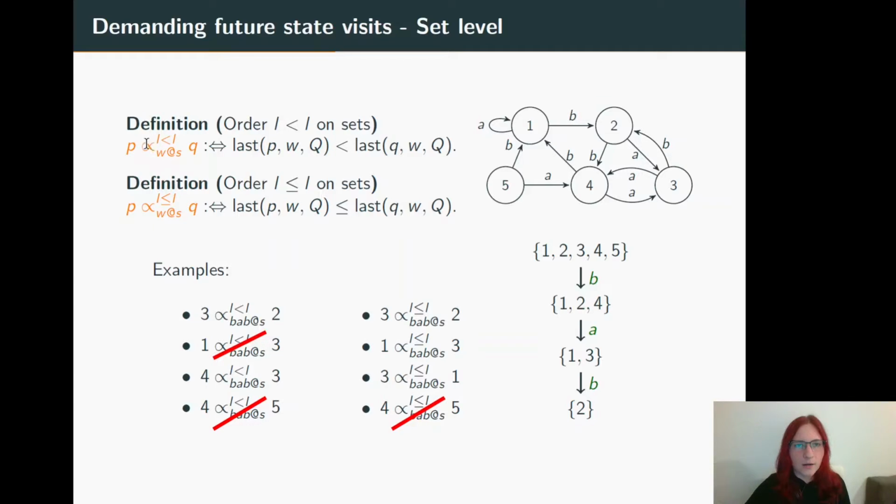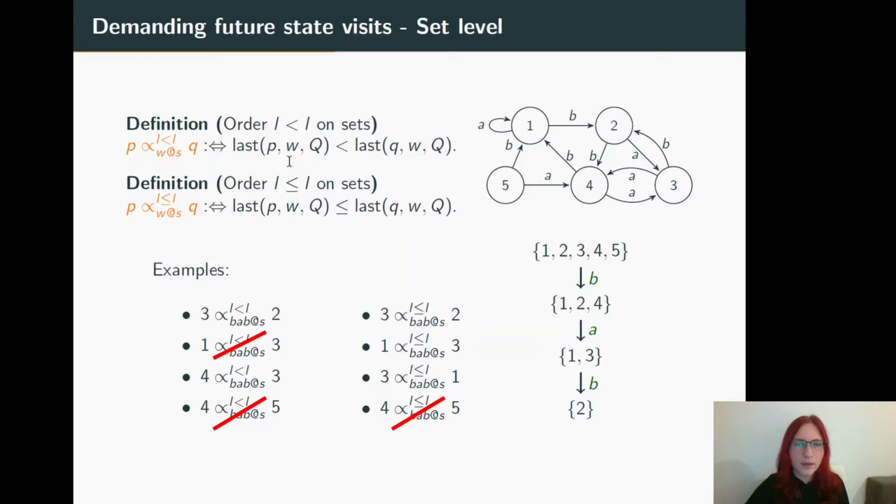This is simply our symbol we will use for P is in relation to the state Q. The subscript W is the input word by which the order is implied, and we notice whether we're considering sets or paths, more on that later, as the subscript S. And on top, we describe whether we're comparing the last positions or first positions or combinations thereof.